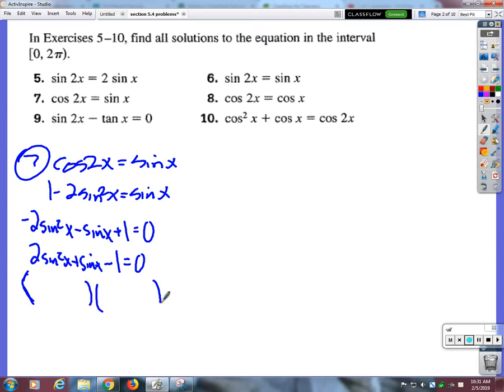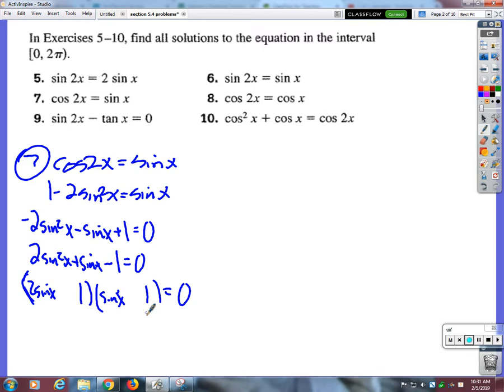All right, now I'm going to factor. If I want two things in the front of each of these parentheses that multiply together to be 2 sine squared, what do they have to be? 2 sine and sine. And then I know I want the things in the end to multiply together to be 1. The only thing that can be is a 1 and a 1.